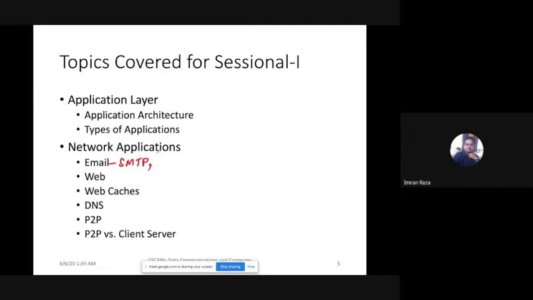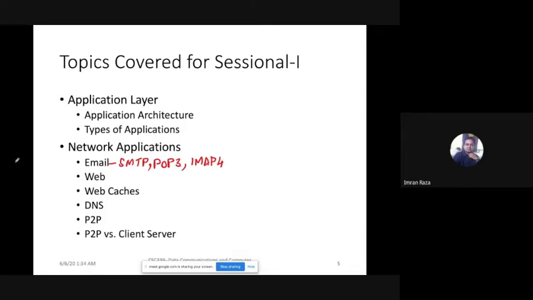What are the protocol details? And we also talked about POP3 and IMAP. These are used to store emails, search emails, and manage emails on email servers.